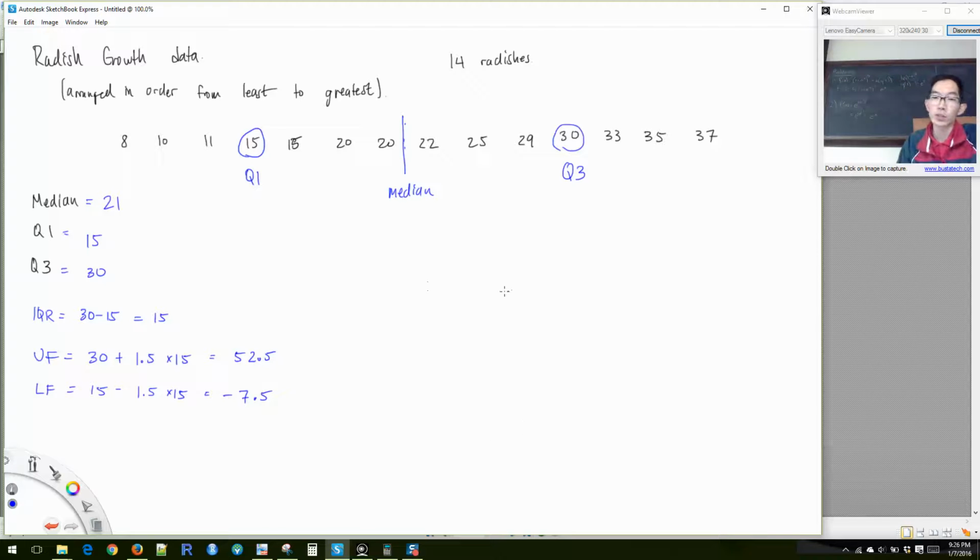Are any of my data points outliers? No, right? The largest data point I have is 37, so no data points larger than 52.5. And I also have no data points less than negative 7.5.